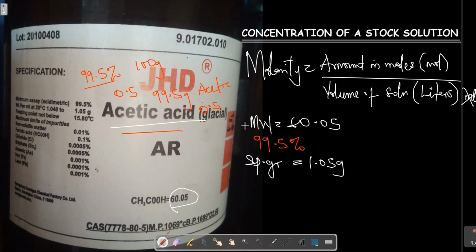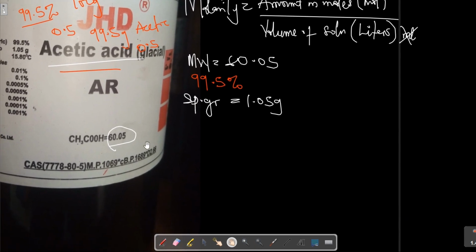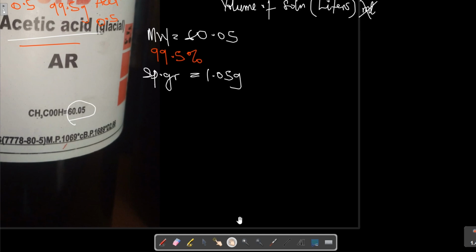So when you've gotten those three pieces of information, molecular weight, percent concentration, and specific gravity, you can use them to determine the initial concentration of the acetic acid from this Winchester bottle.